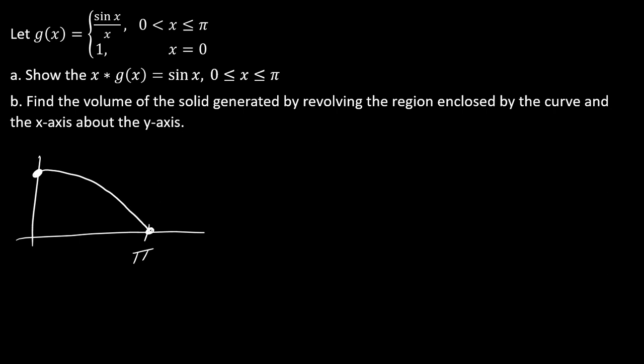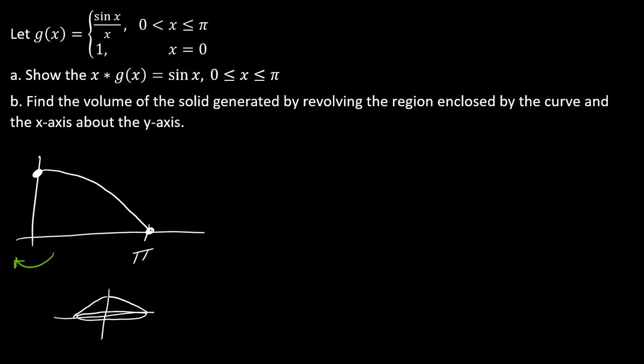So this curve just looks something like this from here to here. And now I'm going to revolve this around the y-axis. So I have something that looks like this, maybe going around. Okay, so we want to find the volume, and this is using cylindrical shells.